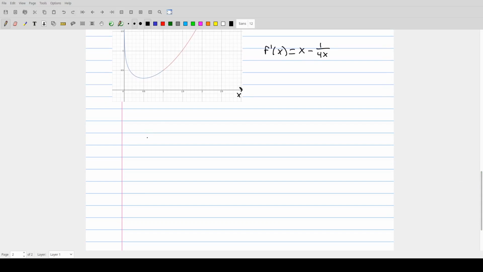So the formula for arc length that we derived gives us that what we're looking for, the arc length s, is the definite integral, in this case from x equals 1 to x equals 2, of the square root of 1 plus f prime of x squared dx, which is going to be the integral from 1 to 2 of the square root of 1 plus x minus 1 over 4x squared.